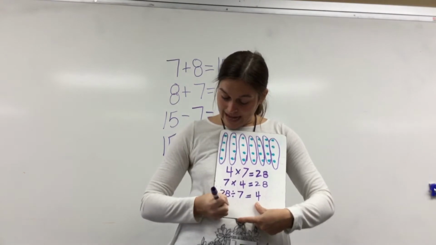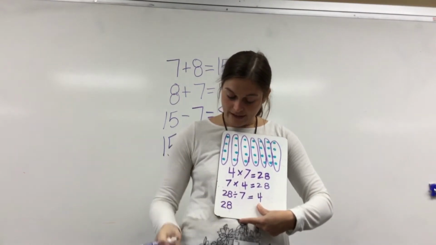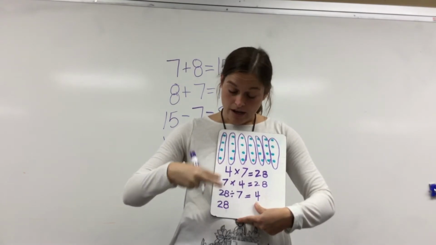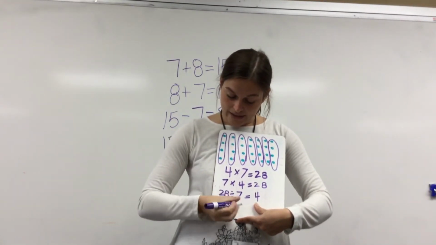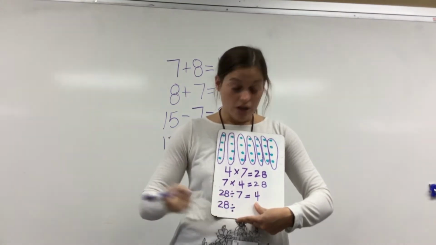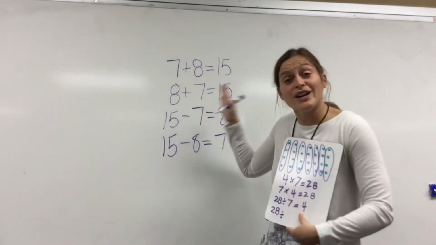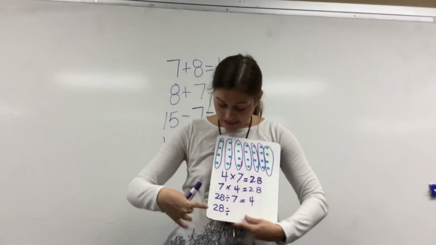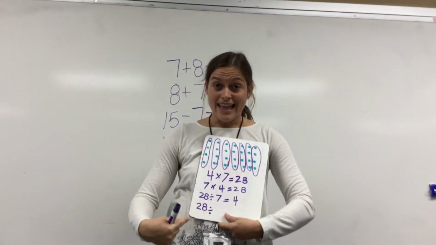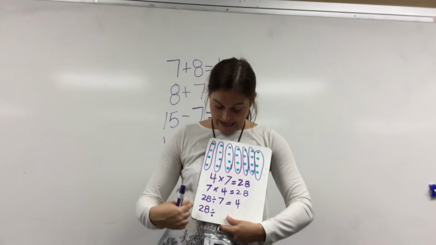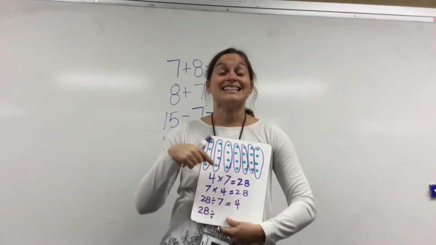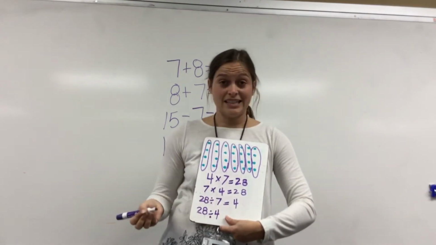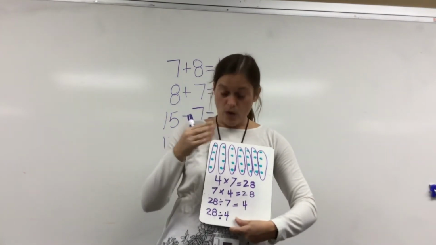For my last fact, I have two multiplication facts, so I need a second division fact. Just like with our addition and subtraction facts, we just need to flip it, guys. So I'm going to take 28, and now instead of dividing it by 7, I'm going to divide my 28 into groups of 4.